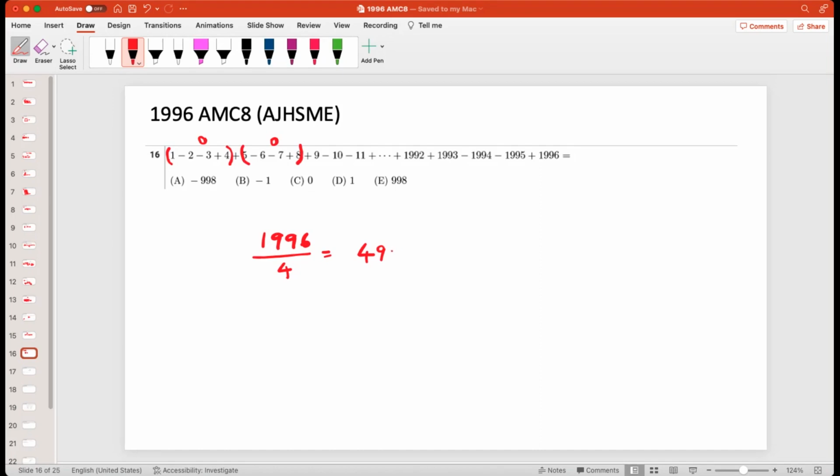Am I right? Let me check. Yeah, it's 2000 minus 499 groups. So it will end up in 0 only because it's exactly divisible by 4. So my answer will be C, 0. There are 499 groups of four numbers, each of them totaling 0. So my answer will be 0.